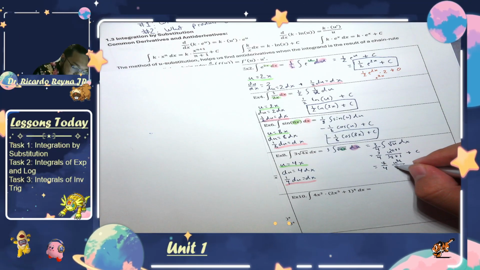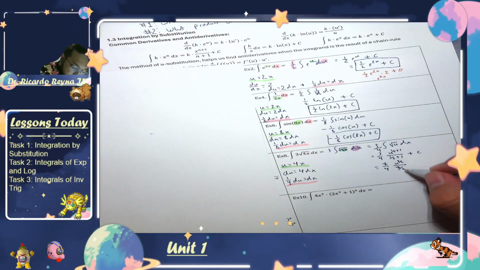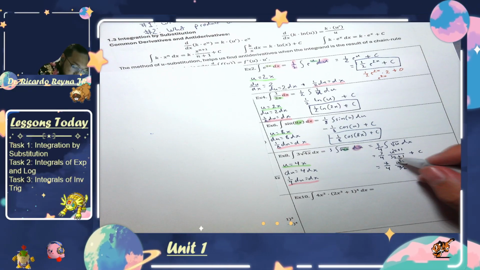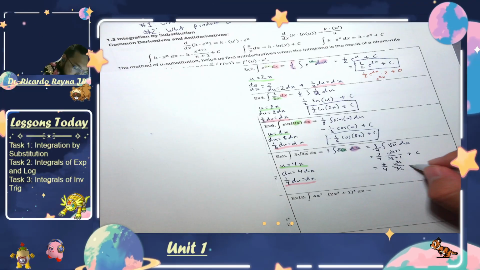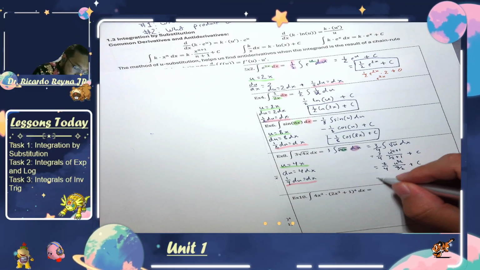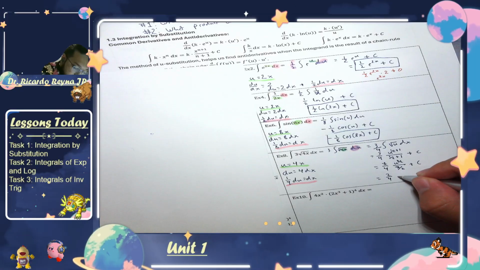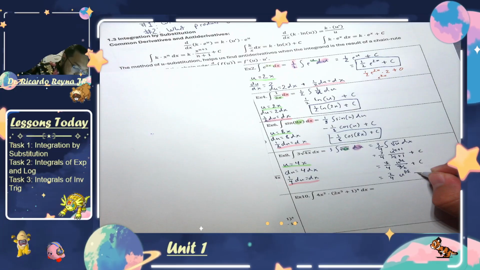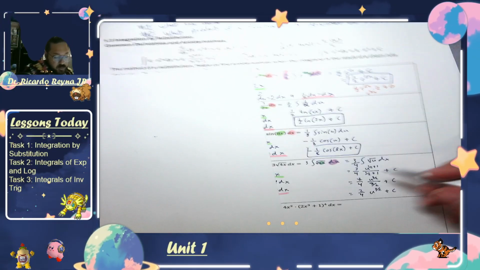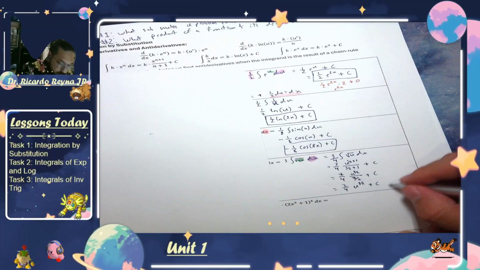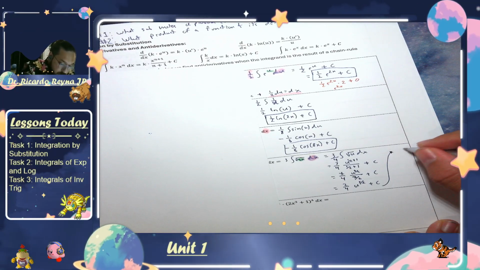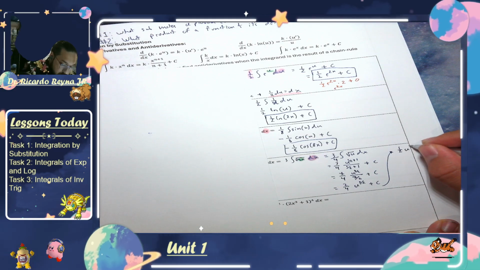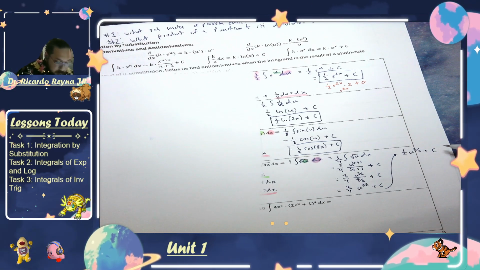We could cancel out the 3's, and I can rewrite that as a proper fraction to get 2 over 4 u to the power of 3 over 2 plus c. And we know that could just be 1/2. So 1/2 u to the 3 over 2 plus c.